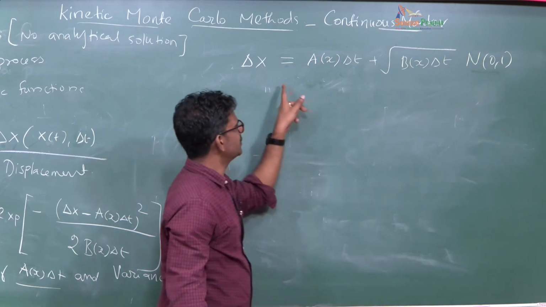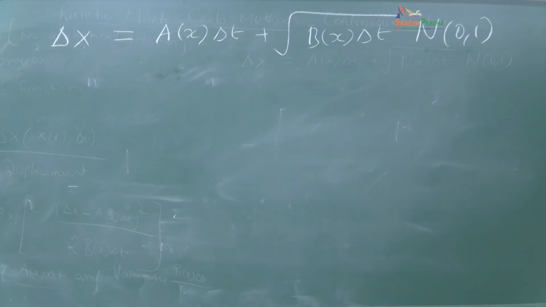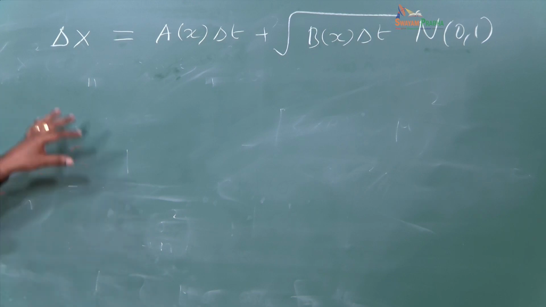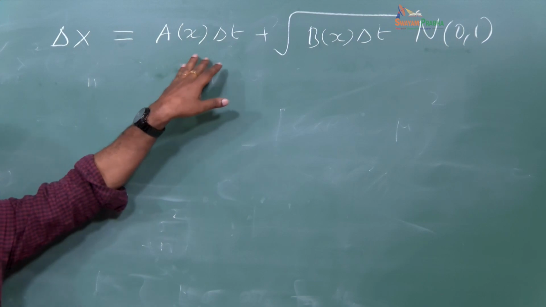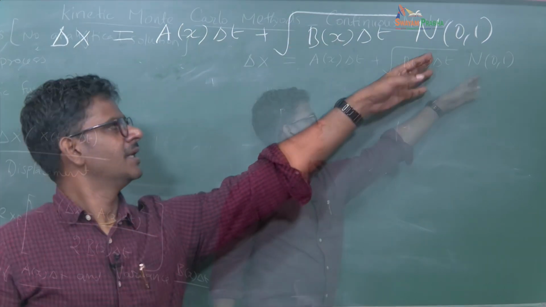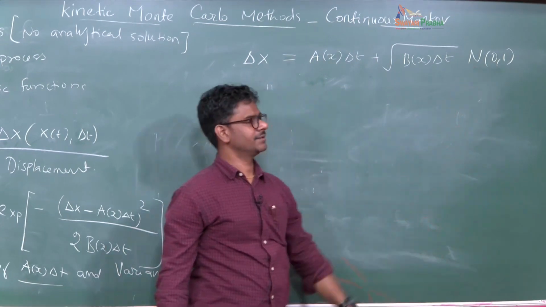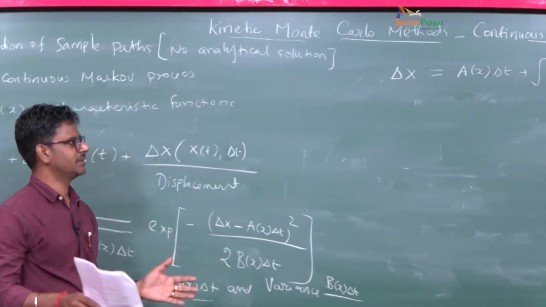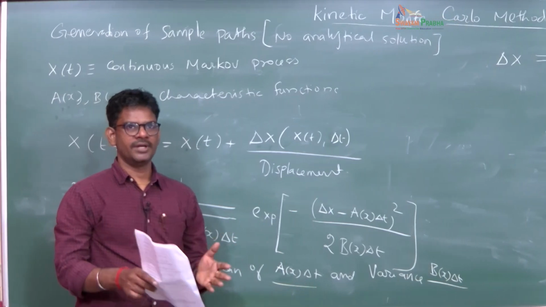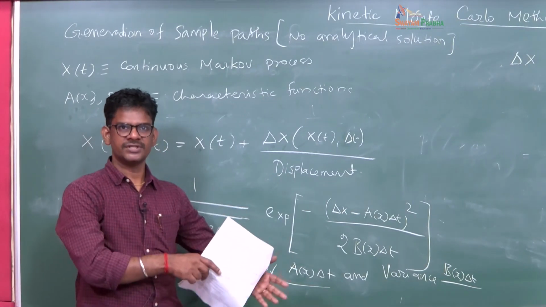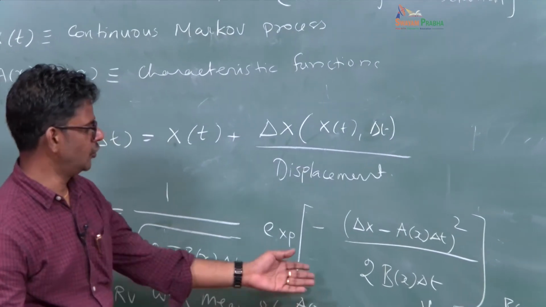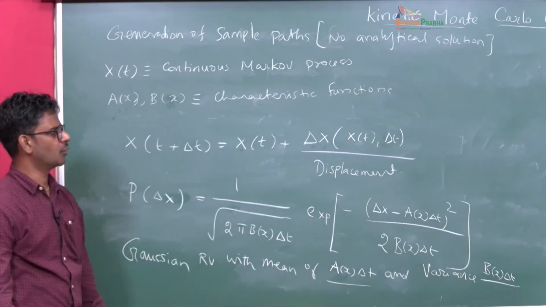If you see, this looks very similar to a Langevin equation formulation in a discretized form, where you would have dx by dt is equal to a plus square root of b and then a normal random variable like this. So you can see the correlation between the Langevin dynamics, the Langevin simulation, and the numerical way of solving this Markov process.